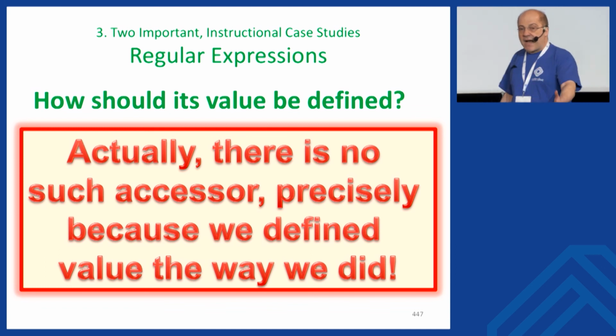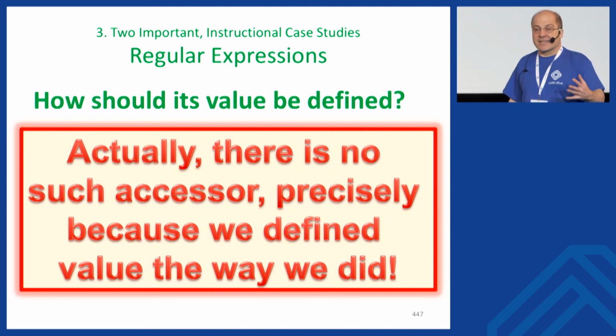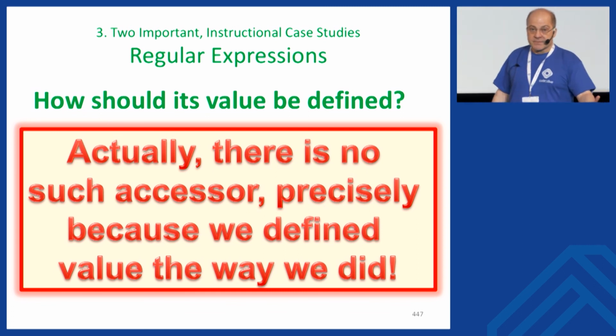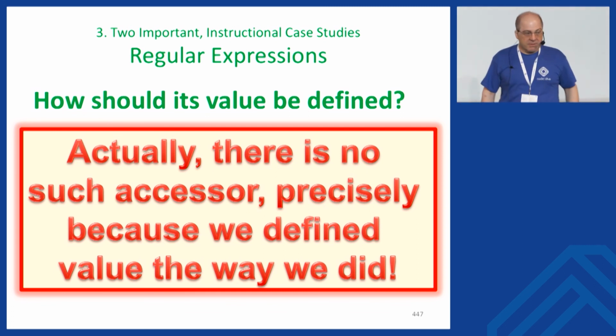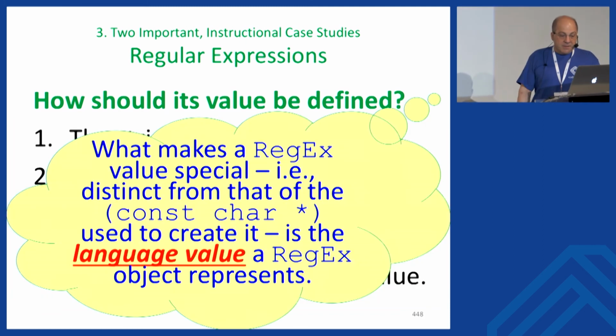How would I get the value of a regular expression out of a regular expression engine? Notice it's not accessible. It's a salient attribute that's not accessible. See, this is the advanced part of the talk. It's salient, but it's not observable. Not easily, but it's there. So what makes a regular expression value special, distinct from other things used to create it, is the language value.